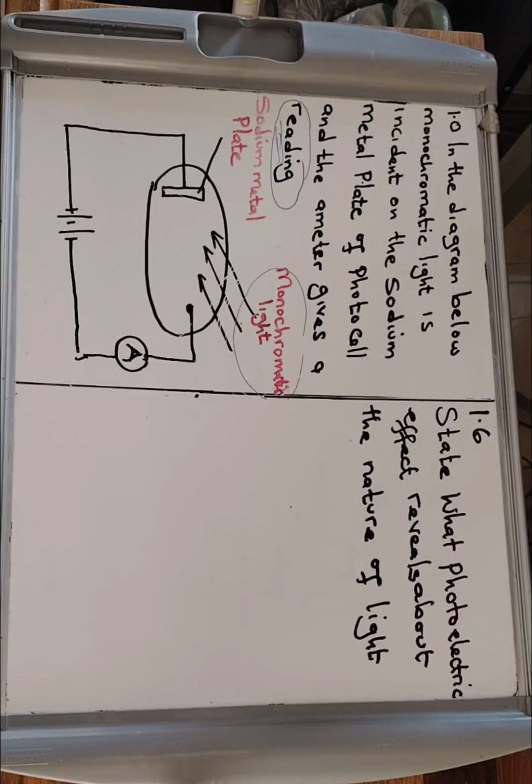And the evidence from this side is the photoelectric effect. So the photoelectric effect is the evidence we have that light exists in the form of particles. Those particles are what we call what? Photons. So the answer is that it reveals the particle nature of light.